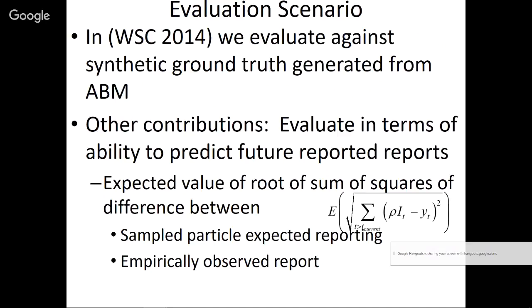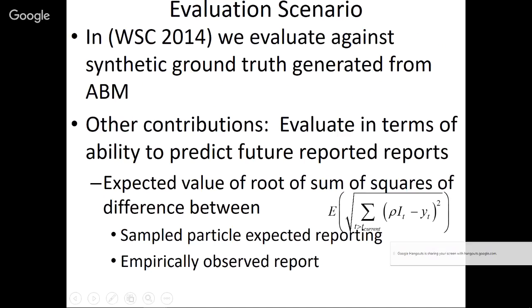In many other contributions, what we've done is we've evaluated the effectiveness of the particle filtering in terms of its ability to predict future reported cases. This is one particular example of it, but the idea here is that we take the expected value of the mean squared error.